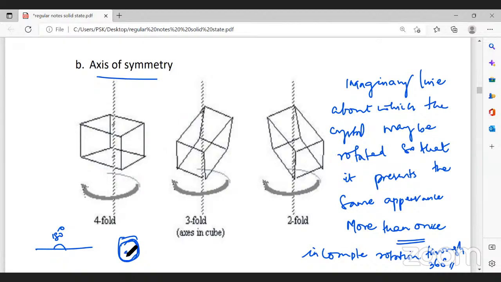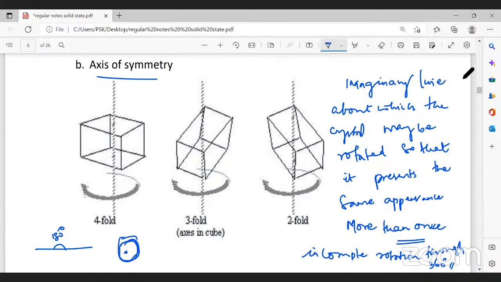If I hold a paper in the form of a circle, I can rotate it to 360 degrees, yes or no? Yes, sir. Now, this axis of symmetry is the imaginary line about which the crystal may be rotated so that it presents the same appearance more than once in a complete rotation through 360 degrees.